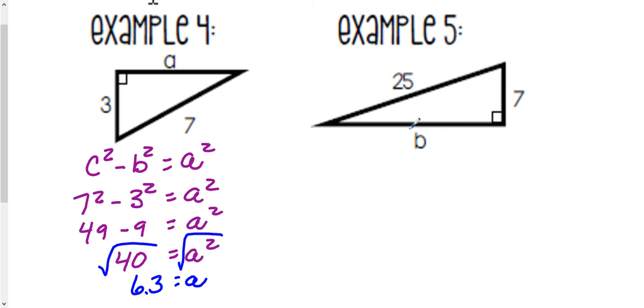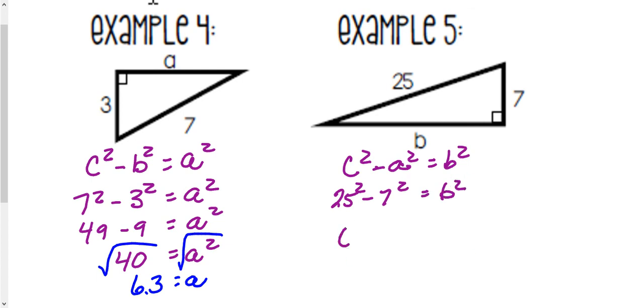So here we're trying to find a leg, so we're going to use a subtraction problem. C squared minus, we have a, so we're going to say c squared minus a squared is equal to b squared. So 25 squared minus 7 squared is equal to b squared. So 625 minus 49 is equal to b squared.